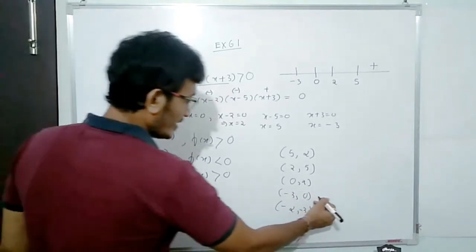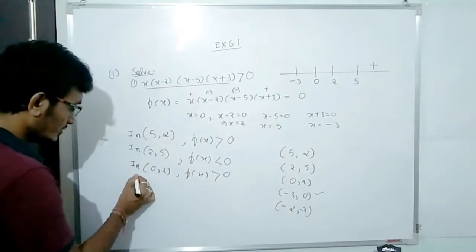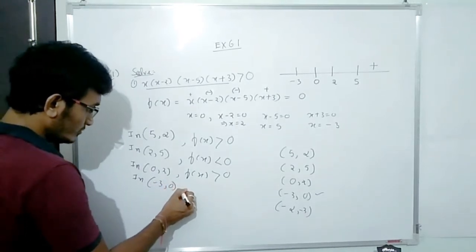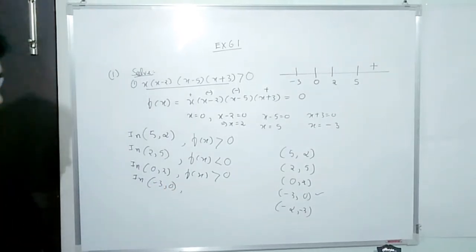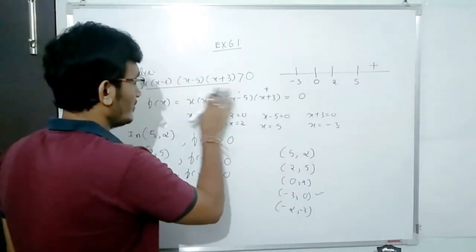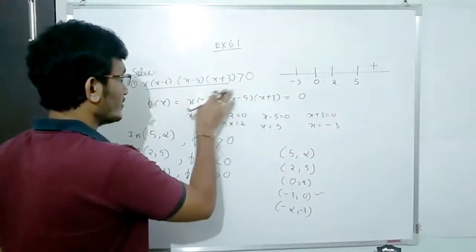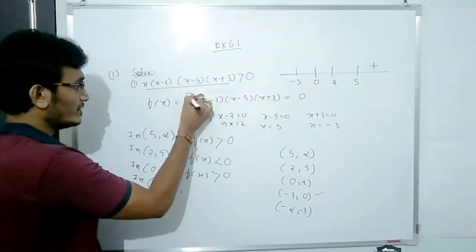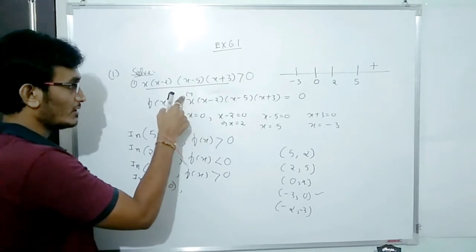Then let us check the fourth one, (minus 3, 0). We should take any number in between minus 3 and 0. Let us take, suppose, minus 1. Once you take minus 1, x becomes the minus sign.